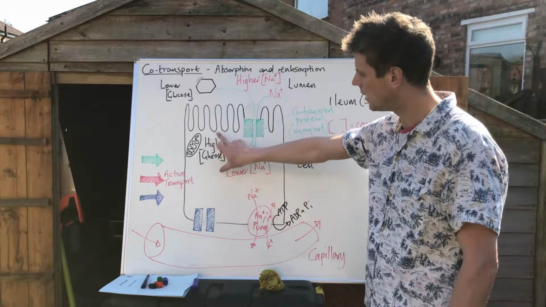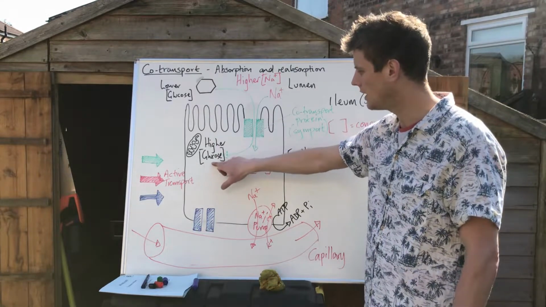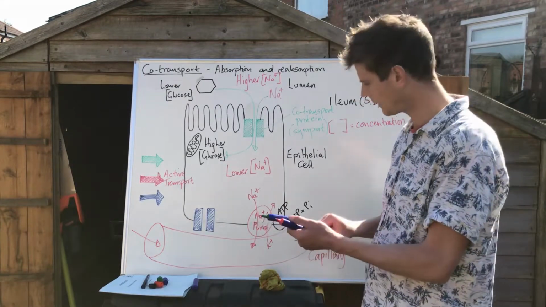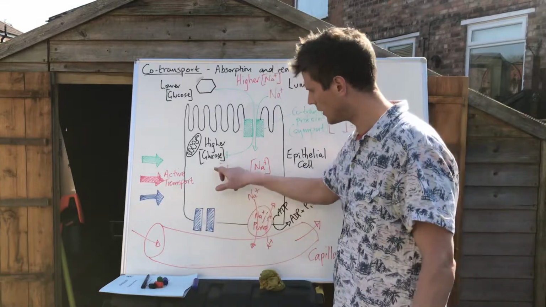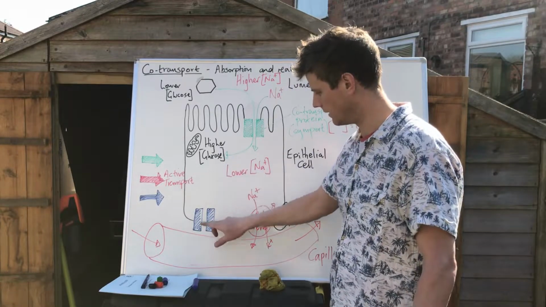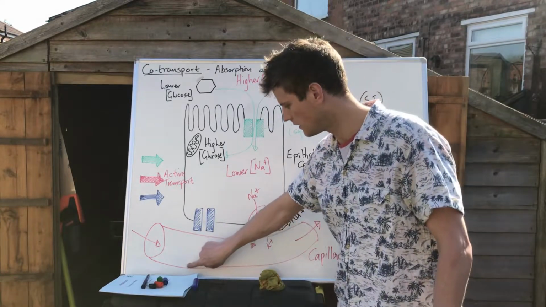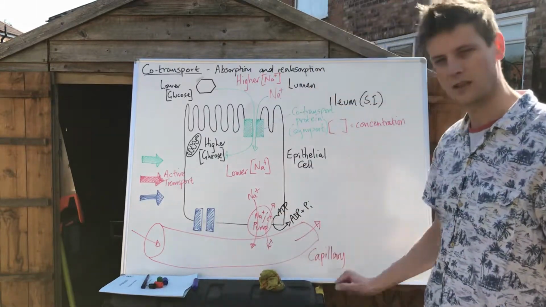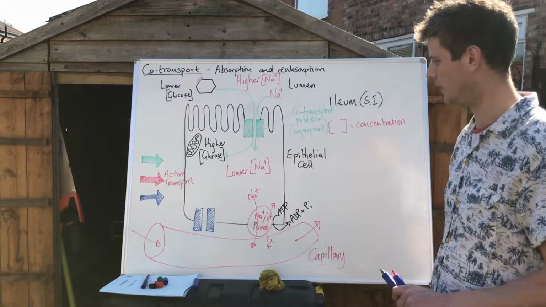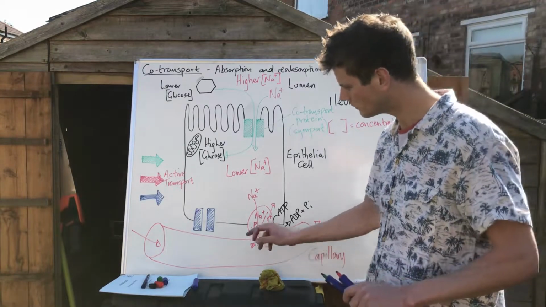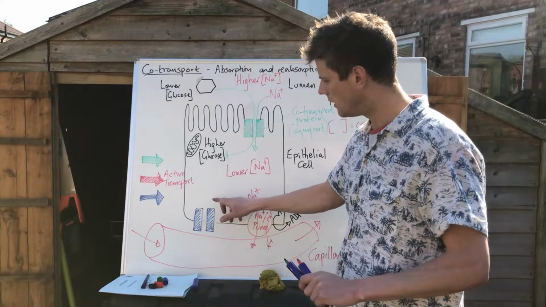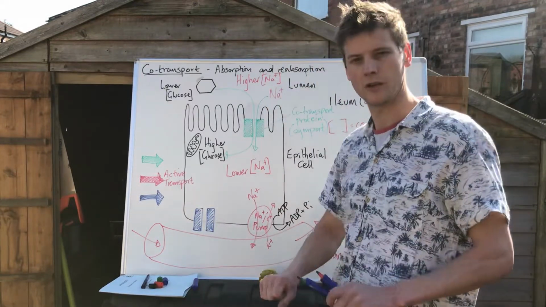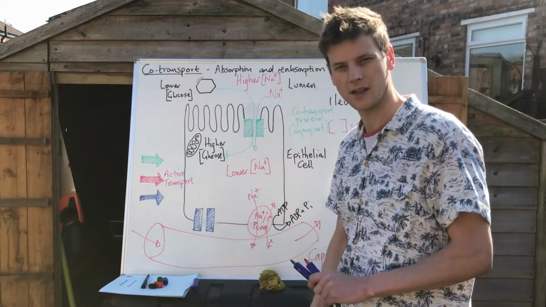Now we've got an accumulation, that higher concentration of glucose in the epithelial cell. The glucose needs to move from the epithelial cell into the blood. So the blood is constantly moving through capillaries close to those epithelial cells. That means that there is a lower concentration of glucose maintained in the capillaries.